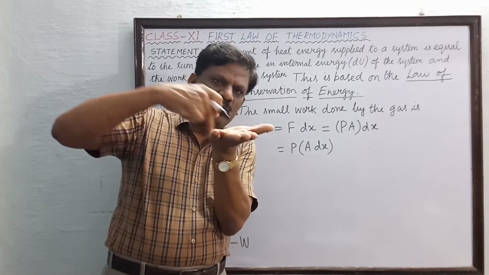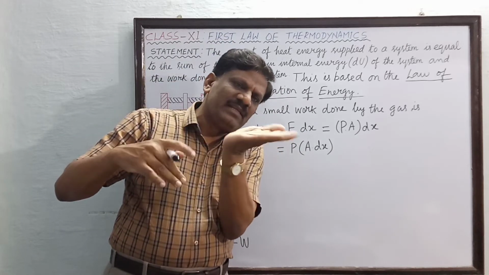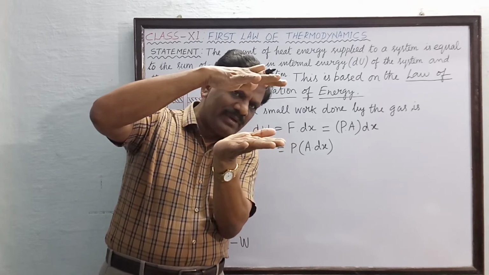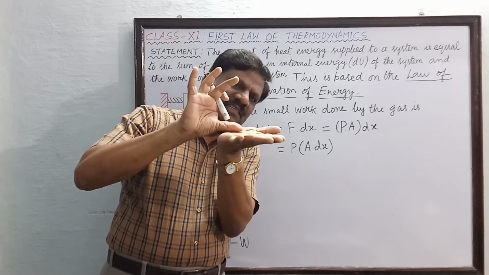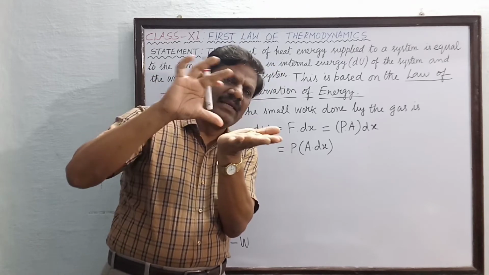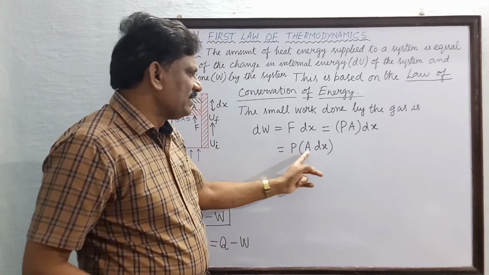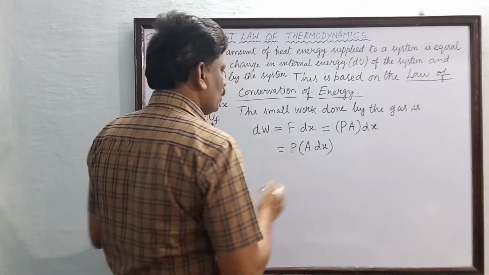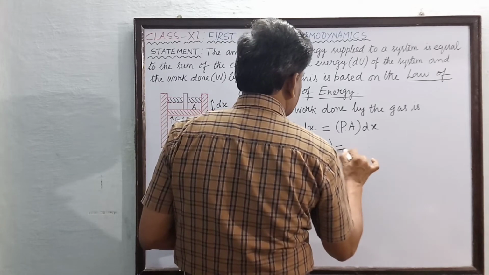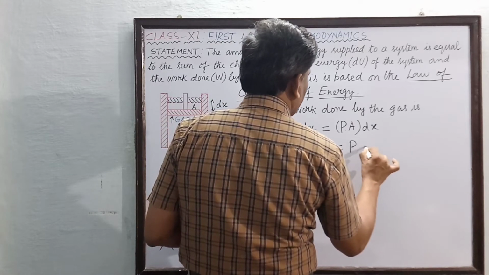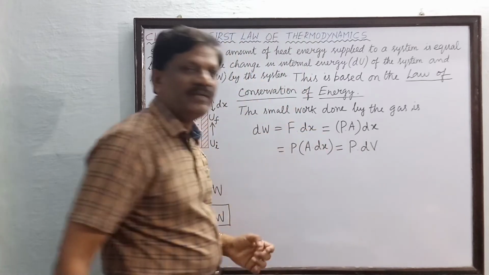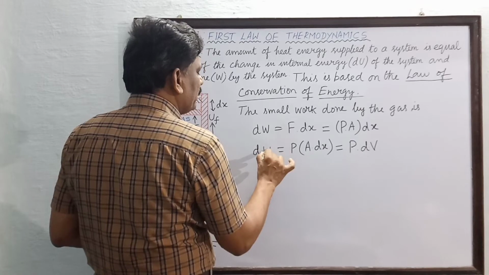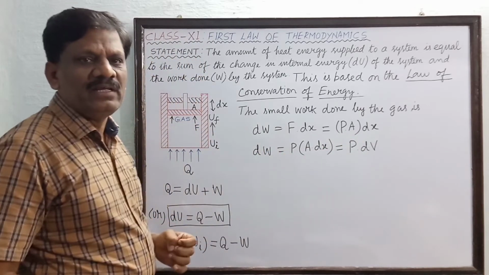The piston is circular and its initial position is down and the final position is up. So if you find the change in volume, that is base area into dx, this must be the increase in volume. So this is equal to pressure P into change in volume dV. Understand that? So dW is now equal to P into dV.